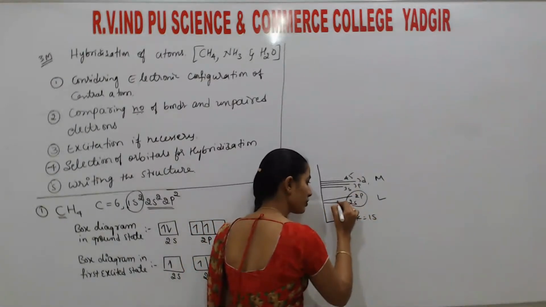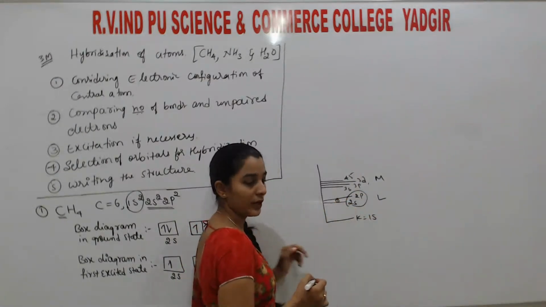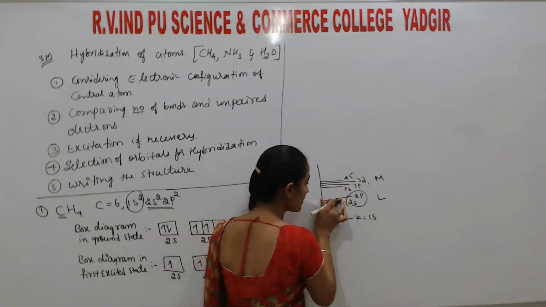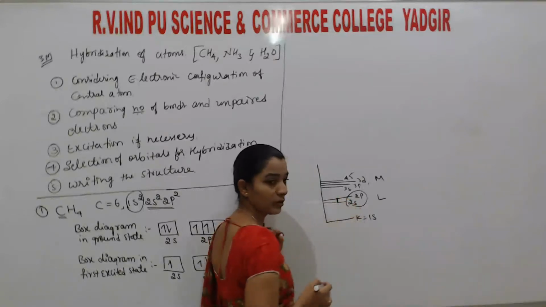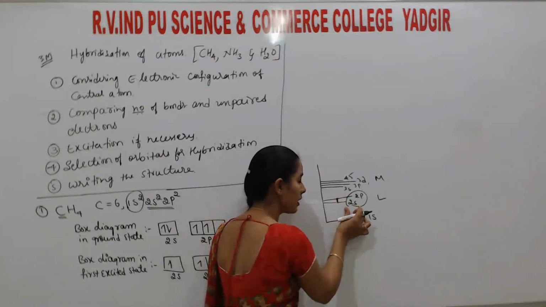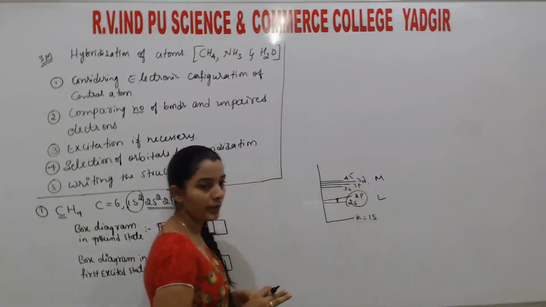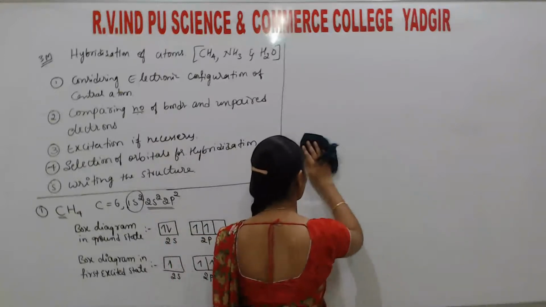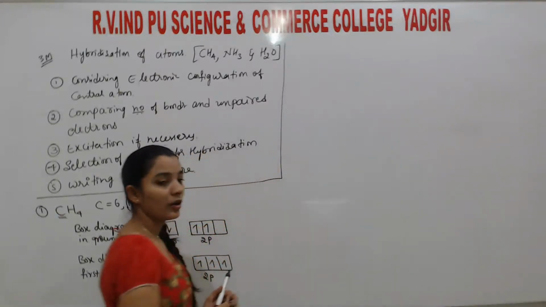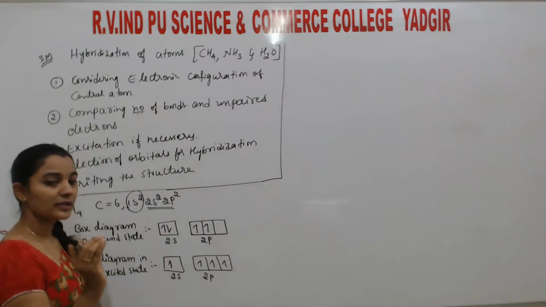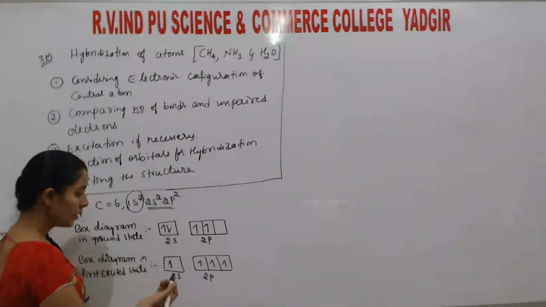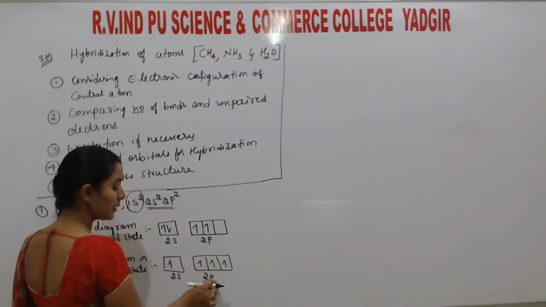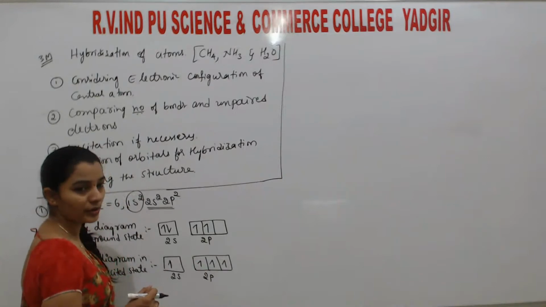These two have a small energy gap. In between the shells, there is a large energy gap. In between the orbitals, only a small energy gap. Listen. This means the s electron can easily jump to the p orbital. The orbitals in the same shell have a small energy difference. So easily this electron of the 2s orbital is excited to the 2p orbital.